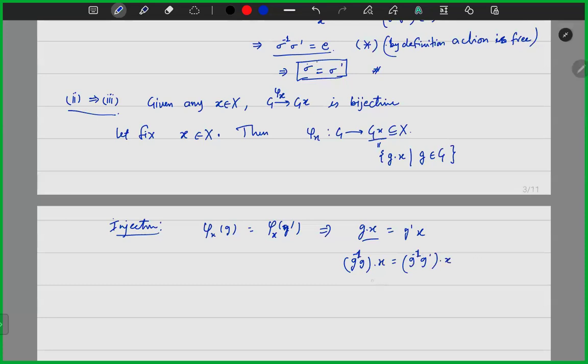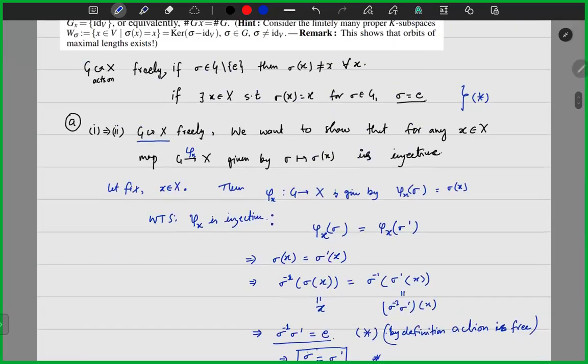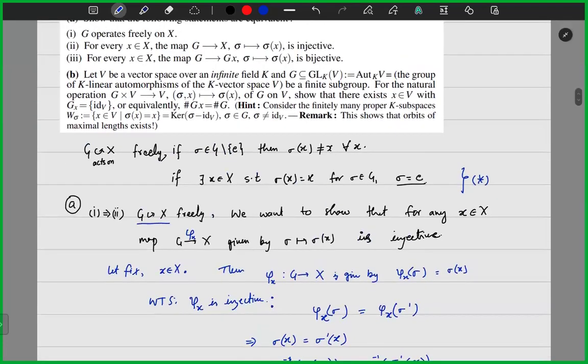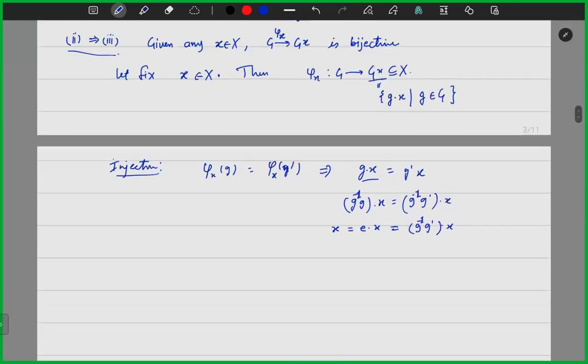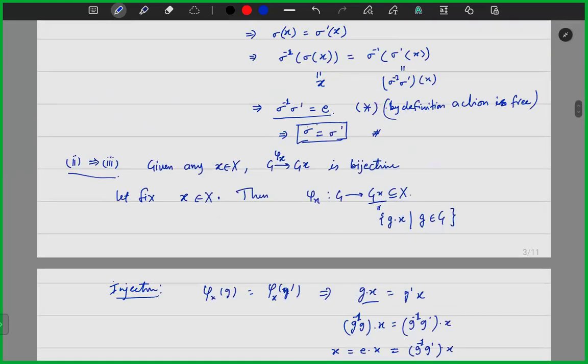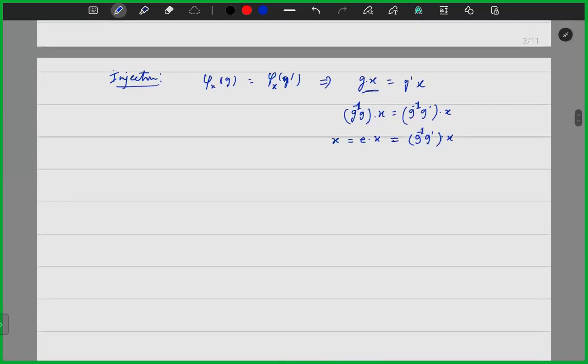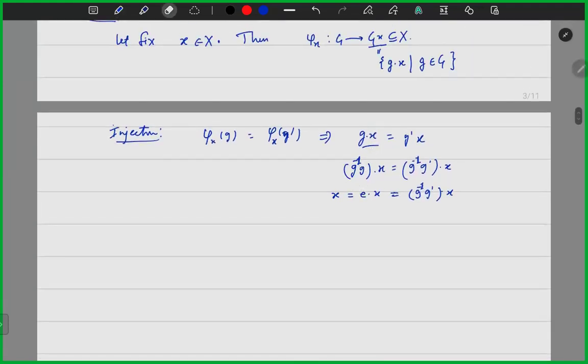acting on x. But this is e into x, right? And on this side we have g inverse g prime x. And this is x only. Because phi x is injective, it was given. Okay, no need to write all of these things.